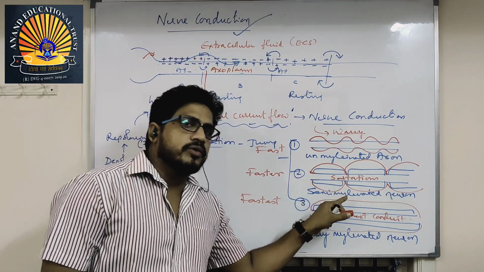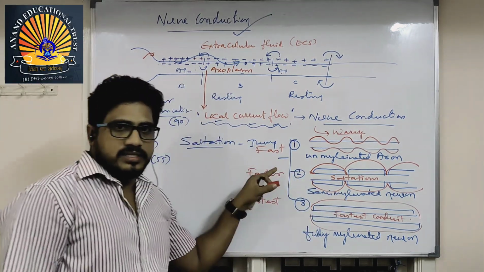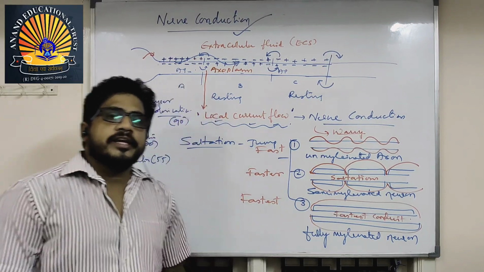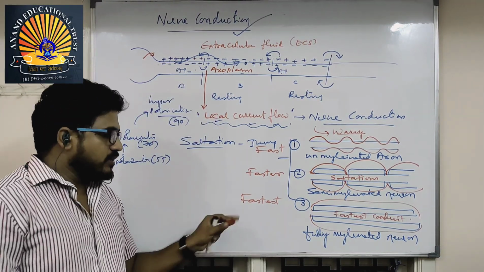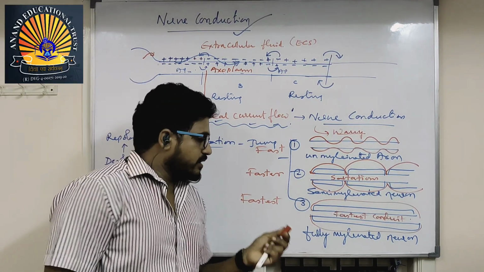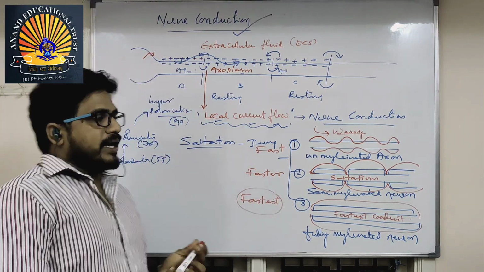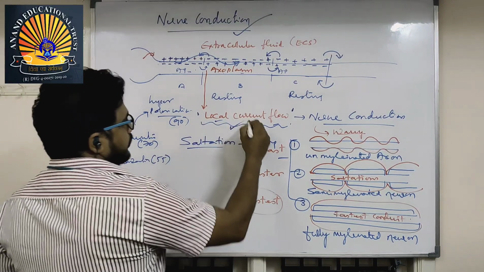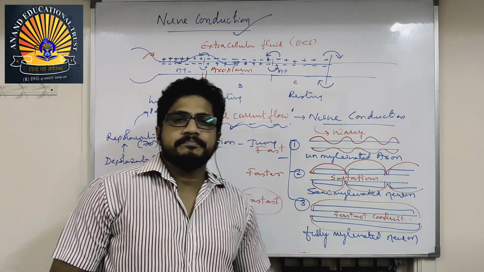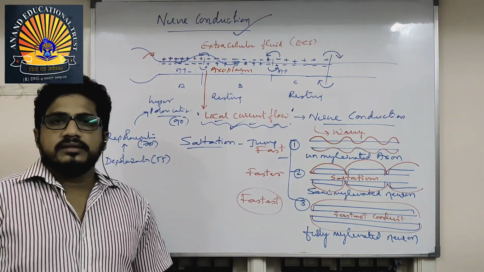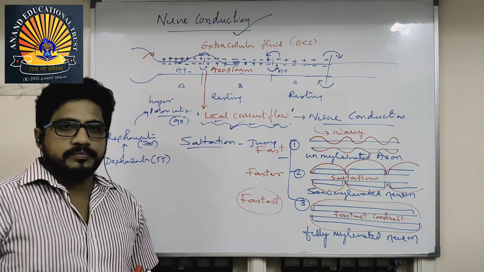In semi-myelinated neurons, conduction is faster. In completely myelinated, matured neurons, conduction is fastest. Okay, whatever, local current flow is the principle. This is the topic of nerve conduction.